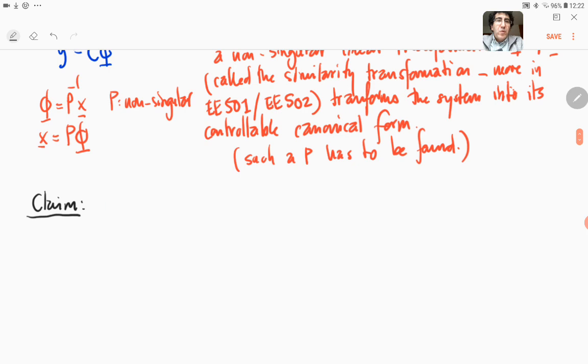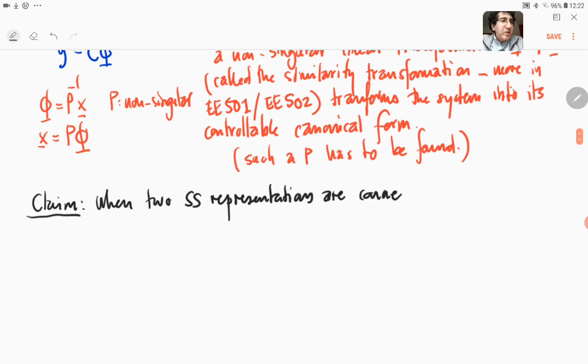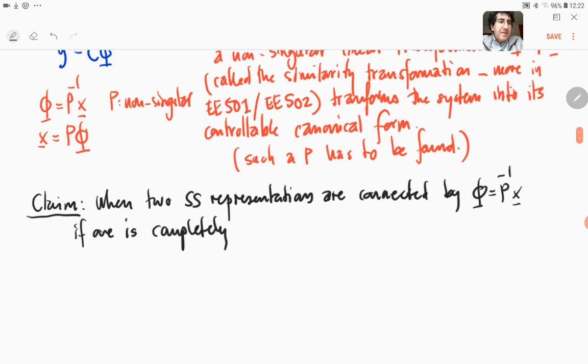When two state space representations are connected by such a transformation, if one is completely controllable, the other is as well.